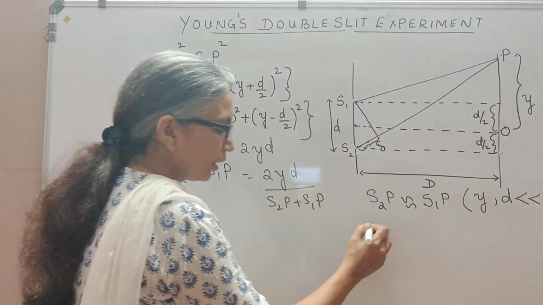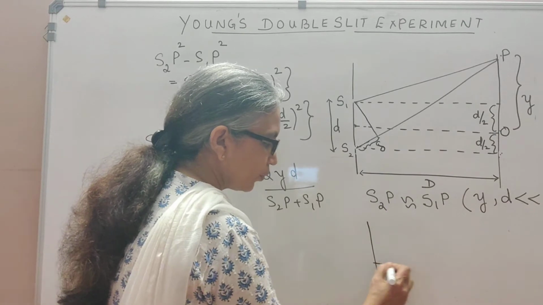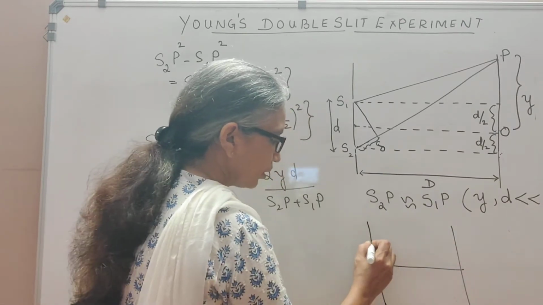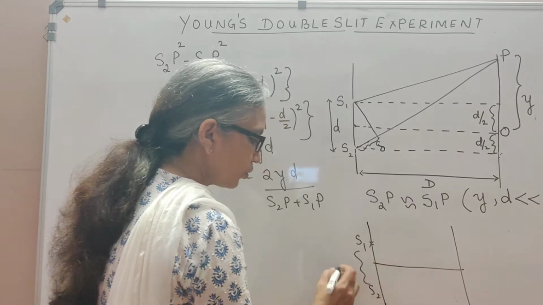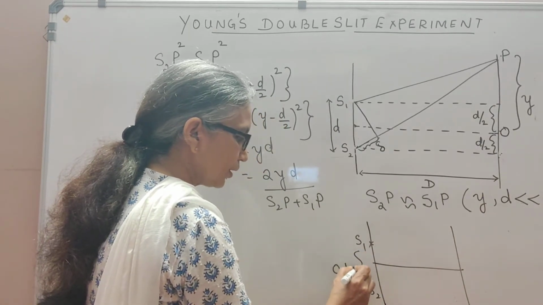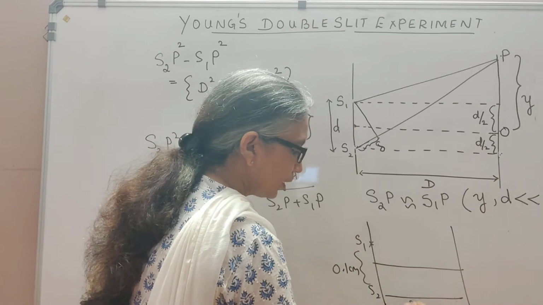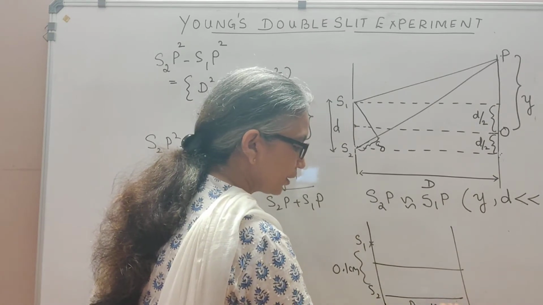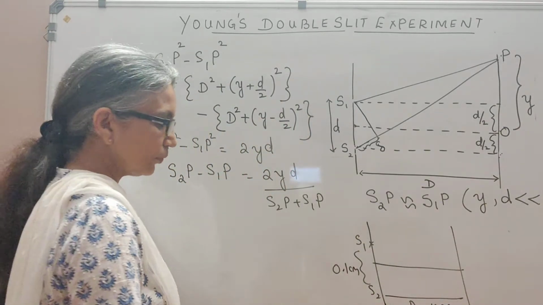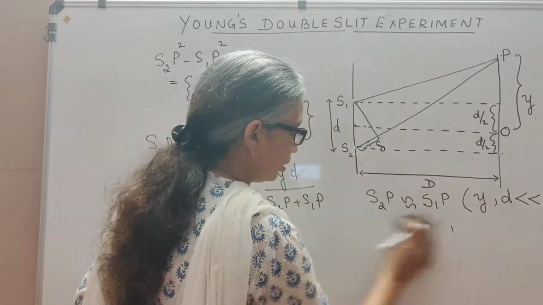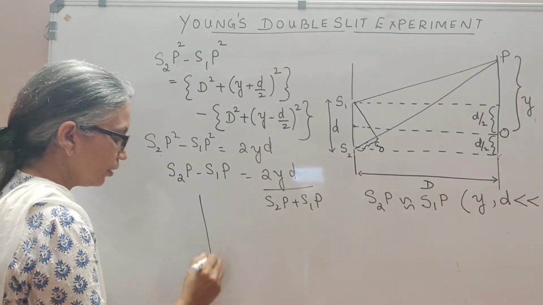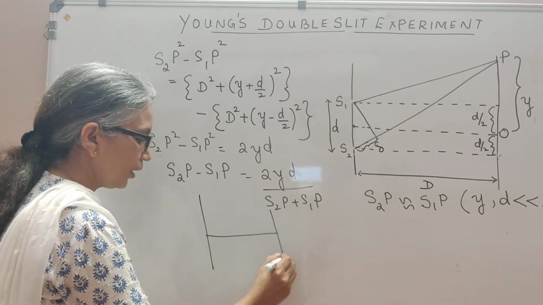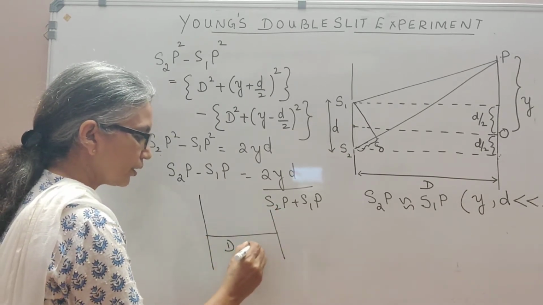For example, let us see, let's say we have a screen, this is S1, this is S2 and this distance is only 0.1 centimeter. This capital D is, let's say, 100 centimeter. So the approximation is, say I have a screen which is placed D equal to 100 centimeter.